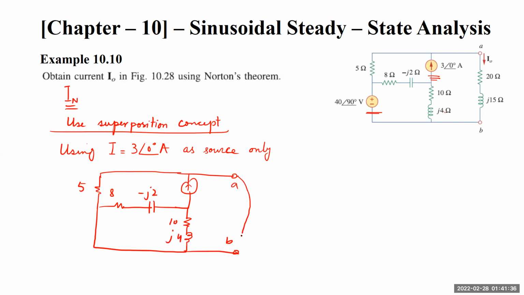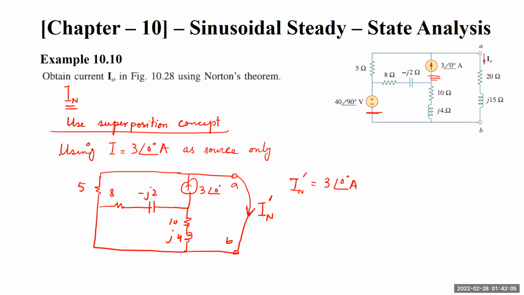I Norton is basically the current flowing here. Using only one of the sources, I call it I dash, I N dash. What will be the value of I N dash? Remember, this section of the circuit is short circuited, so no current will flow in this section. All the current shall flow through this I N. So the I N dash value will be equal to 3 angle 0 ampere.